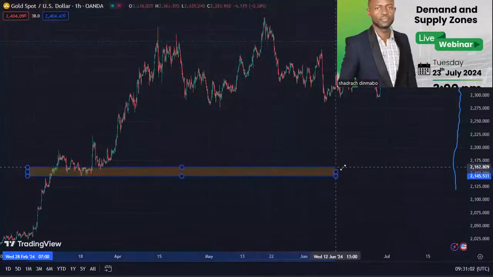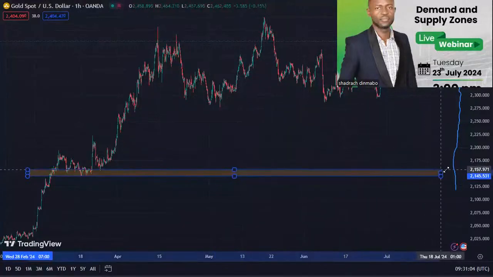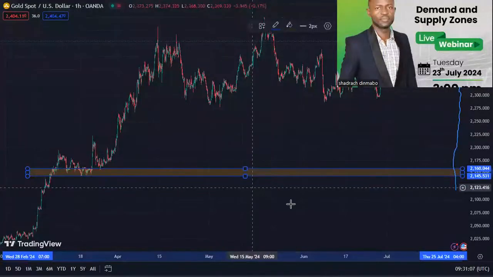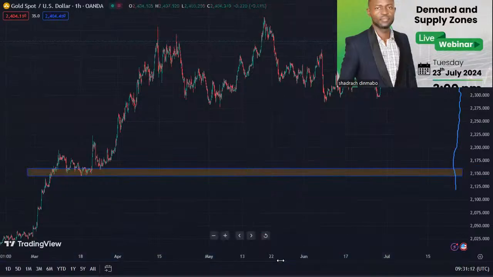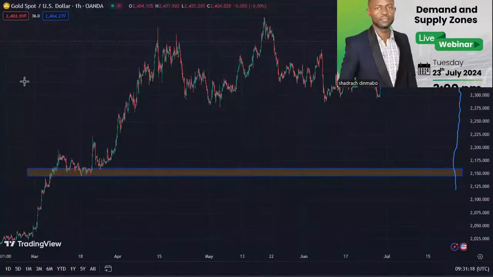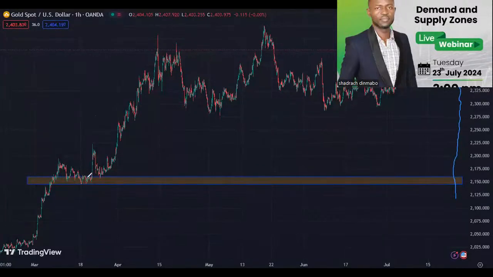Let's take it a little further to this point. So this is a valid demand zone. Now, from this point, the market moved. The market moved from this zone, which we will call our demand zone. You can term it D1 if you want to.